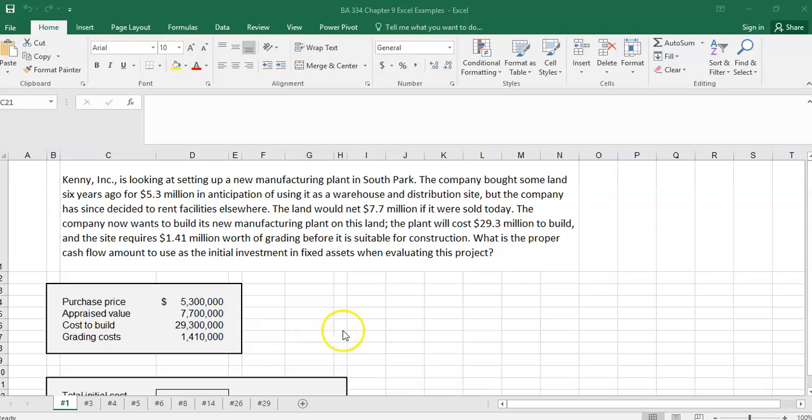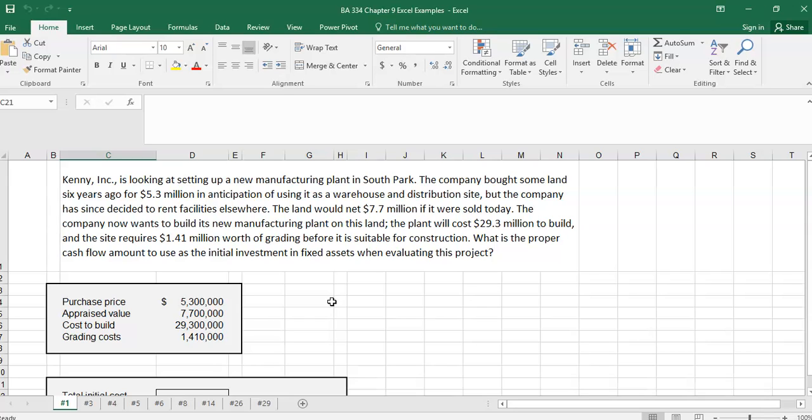So in this first example, we want to know what the total initial cost of this project is. So we have information about land purchase. We're going to build a new manufacturing plant. We bought land 6 years ago for $5.3 million in anticipation of this building.